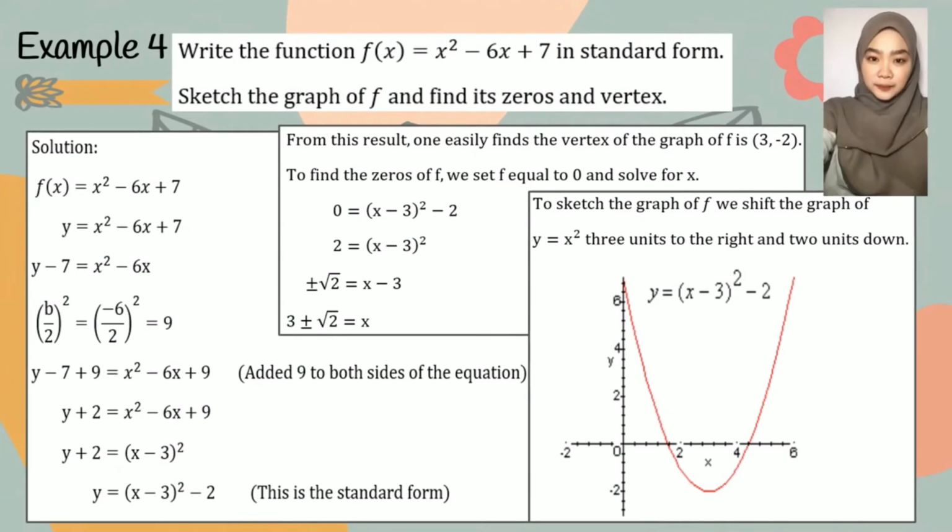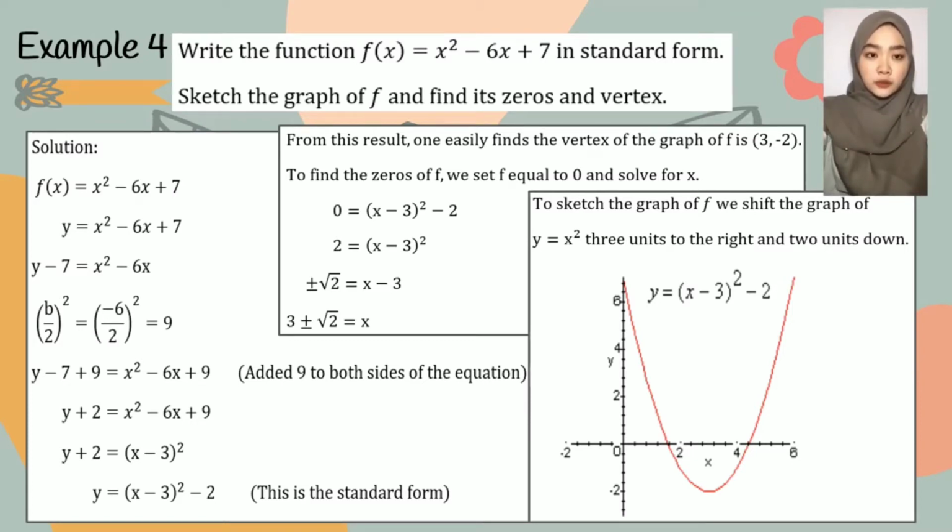For the next example, the question is: write the function f(x) equals x squared minus 6x plus 7 in standard form, then sketch the graph of f and find its zeros and vertex. So the solution is, first of all, we need to solve the problem by completing the square.